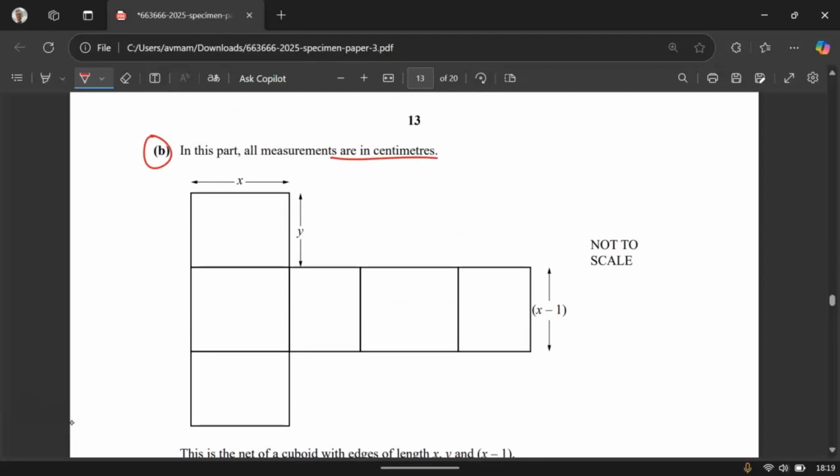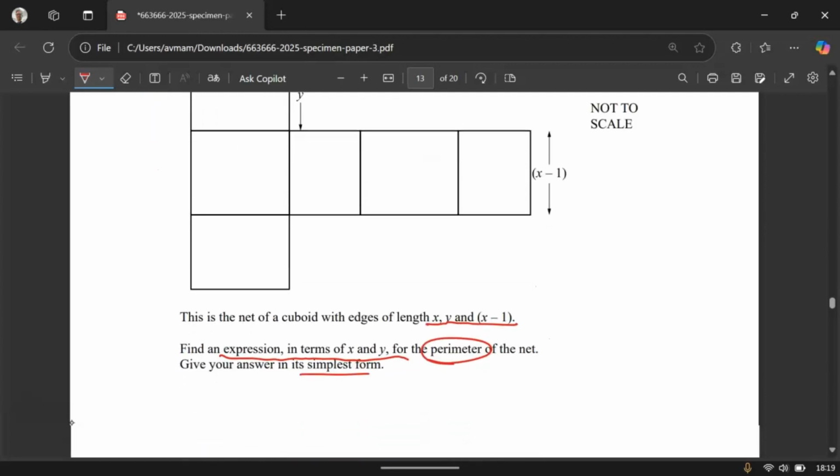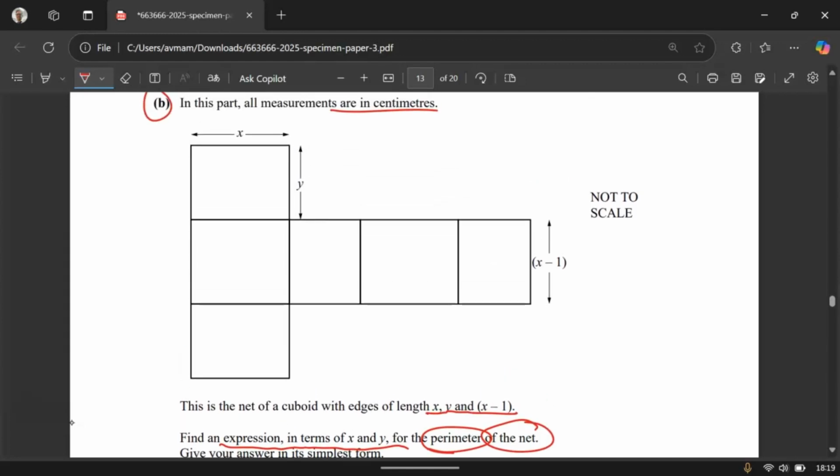Now this time we don't have to fold it because it says perimeter of the net. So all you must do is add up all the sides. Let's first write down, if this side is x, so this has to be x. If this side is y, this has to be y. If this side is x minus 1, this must be x minus 1.